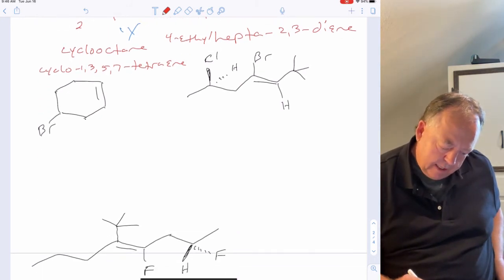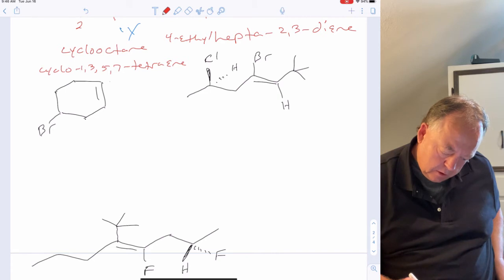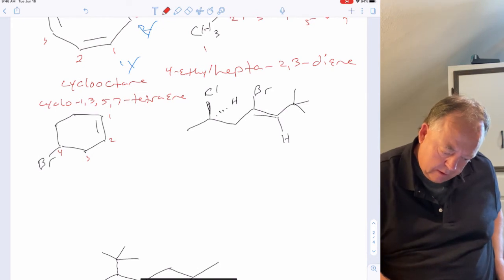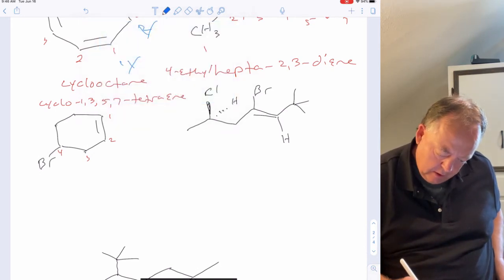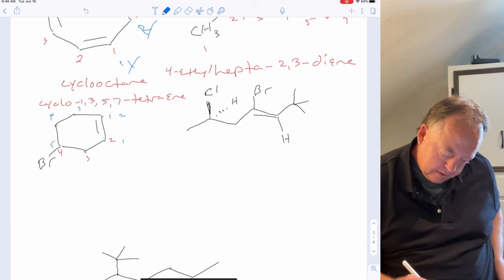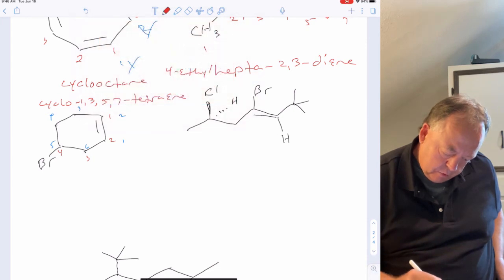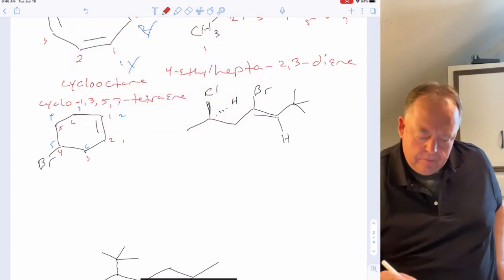Okay, so for this cycloalkene, if we call that 1, 2, 3, 4, that would be one way to number it, or we could number it 1, 2, 3, 4, 5, 6. But that's not going to be correct, right? Because you want to keep the numbering scheme as low as possible.